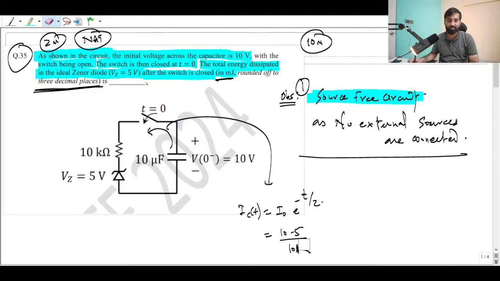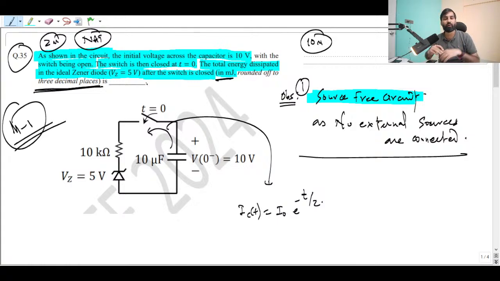You can see that this current is going to be the Zener current only. This is method one, where you have to remember that whenever a source-free circuit is given, the current equation is going to be like this, and this will be the Zener current only.